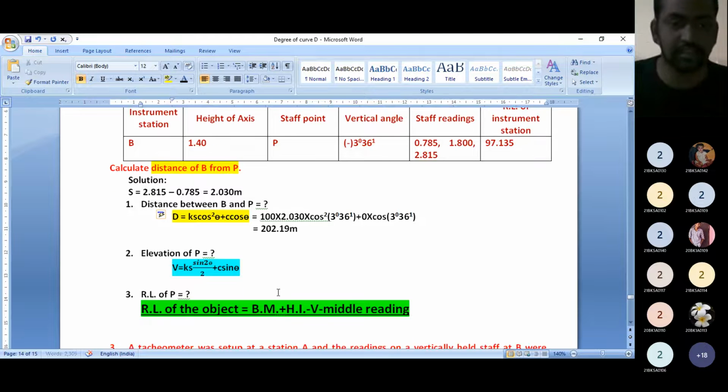Okay now. And next we have to calculate the V value here. V is equal to Ks into sin 2 theta divided by 2 plus C sin theta. Okay now.